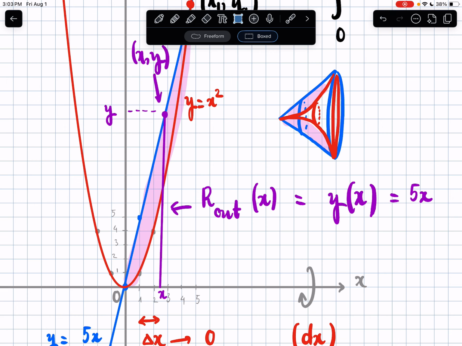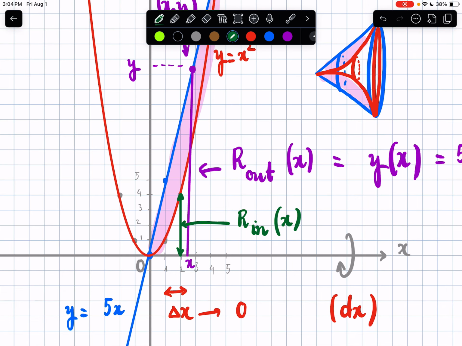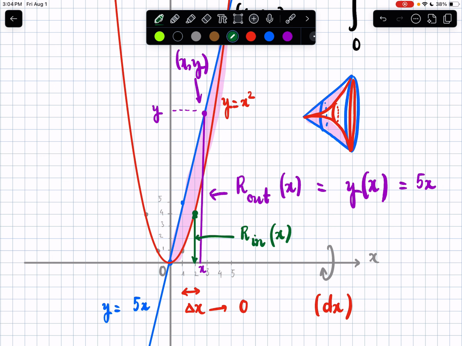The inner radius, for each value of x, is the distance from the red curve, the inner curve, to the axis of revolution. R inner in terms of x is the y coordinate, where y is equal to x squared.